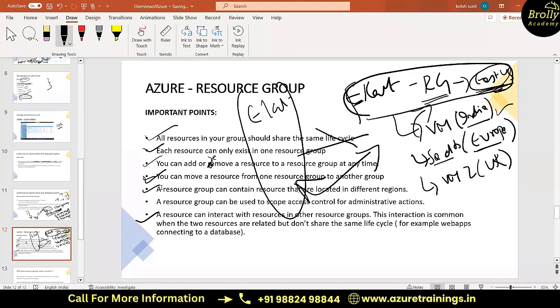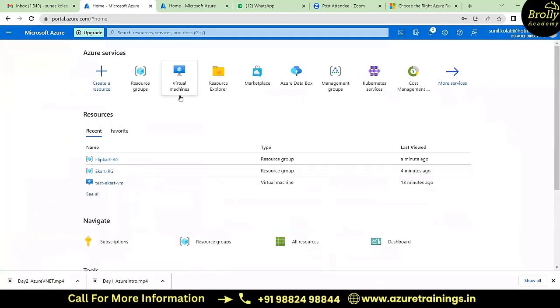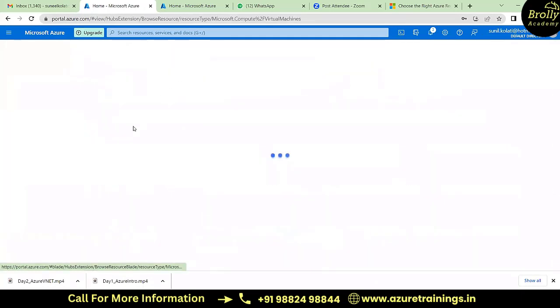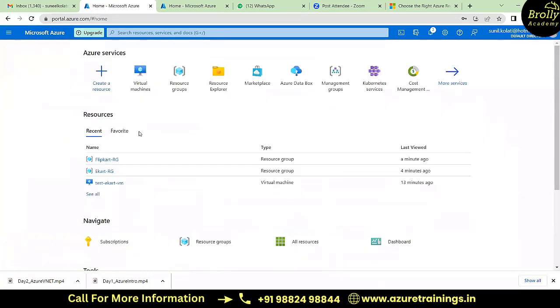Any questions related to resource group? Everything starts with the resource group. Whatever resource we are going to provision, whether it's a virtual machine, SQL database, or Kubernetes, first we have to select the subscription, and after that we have to select the resource group.